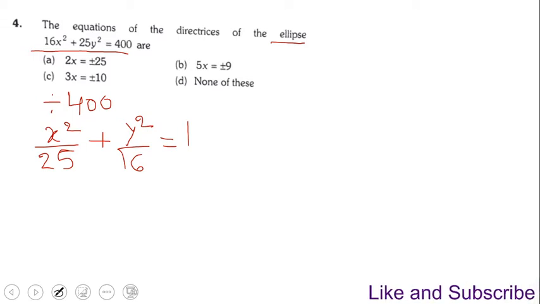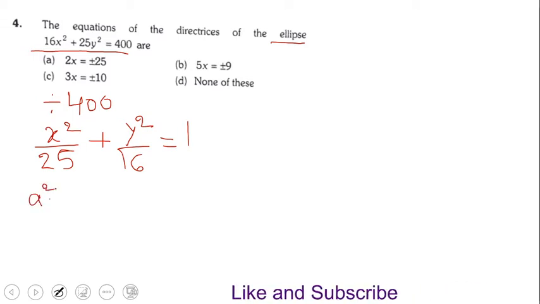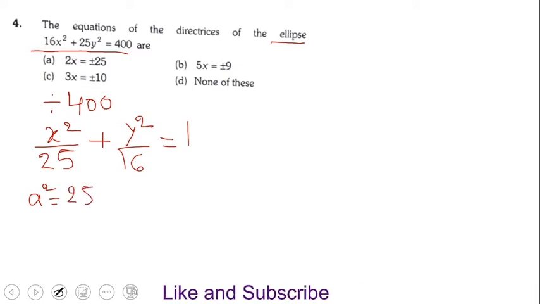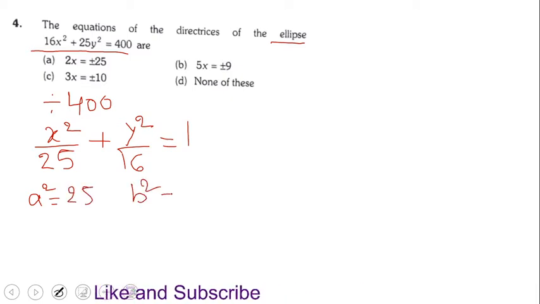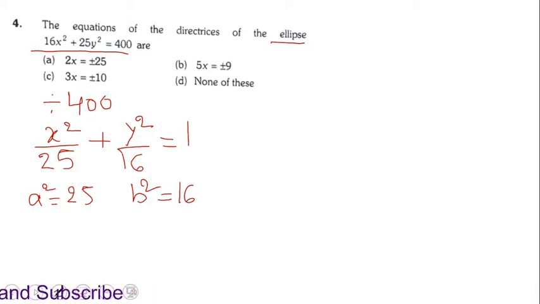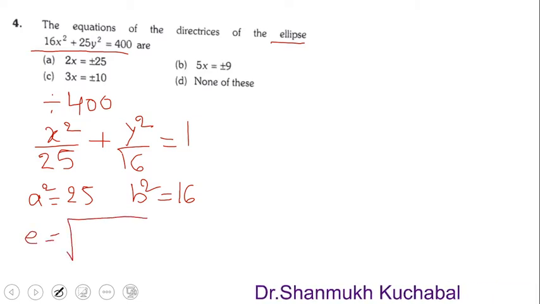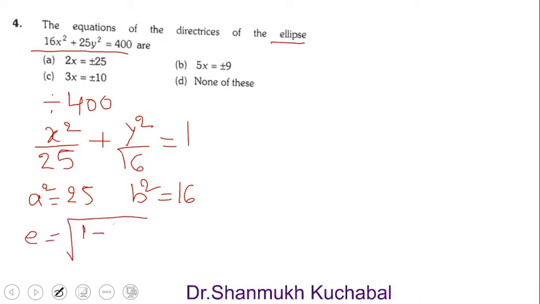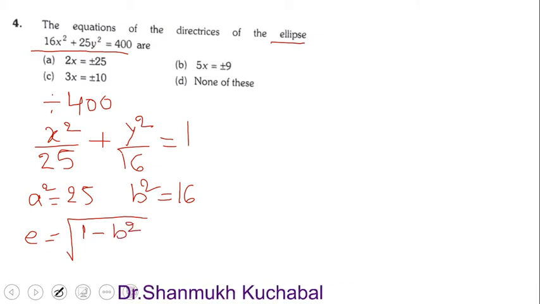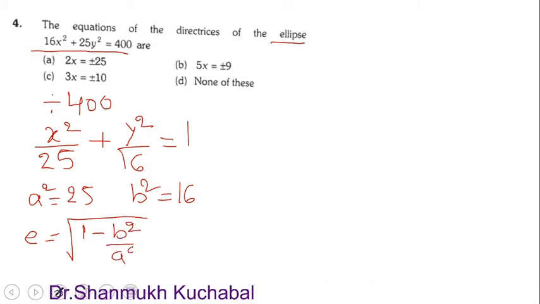From this standard equation, we get a square value as 25 and b square value as 16. Then using the relation between E, A and B, we will calculate the eccentricity. E is given by the formula square root of 1 minus b square divided by a square.